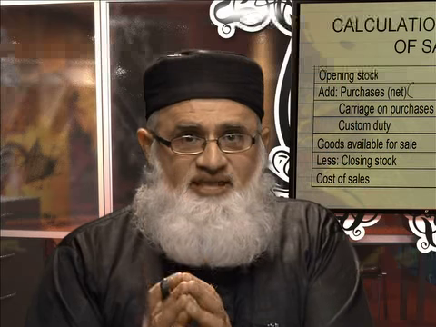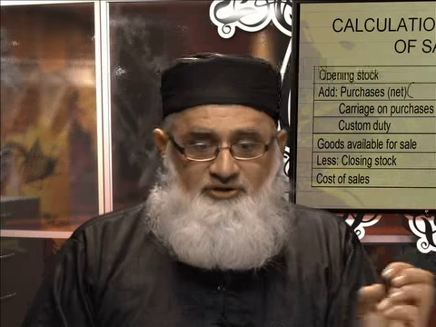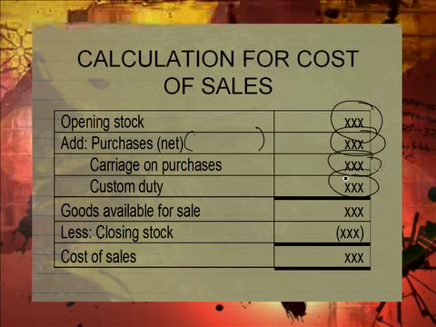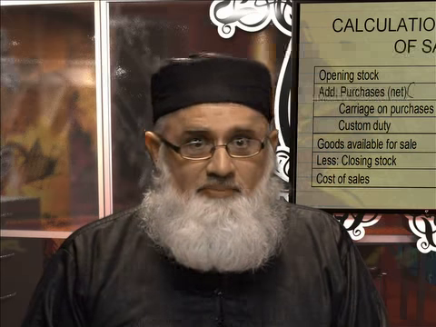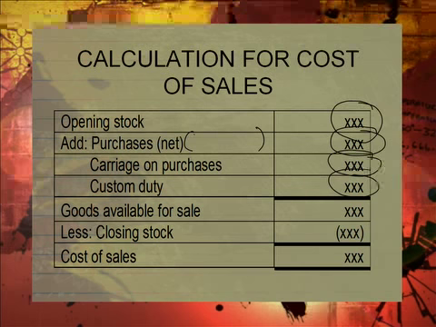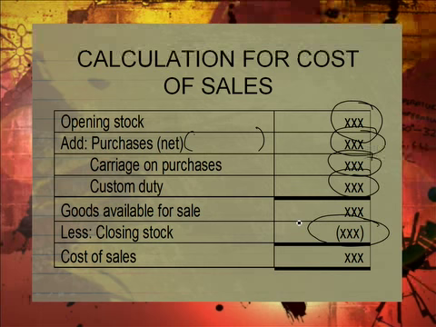Notice everything that you had on the debit side of your trading account. This would then give you your goods available for sale. Now, what did you have on the credit side of your trading account? Can you remember? You had your closing stock. Watch, it is indicated in a bracket to show you that you are subtracting.